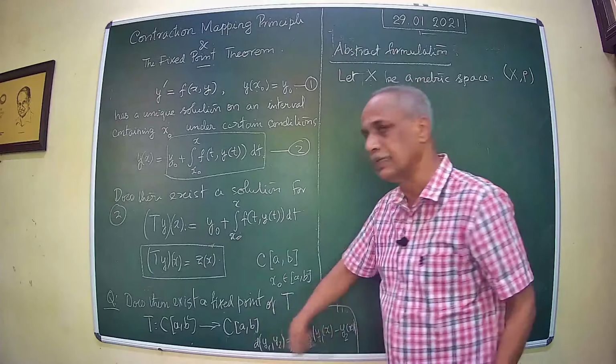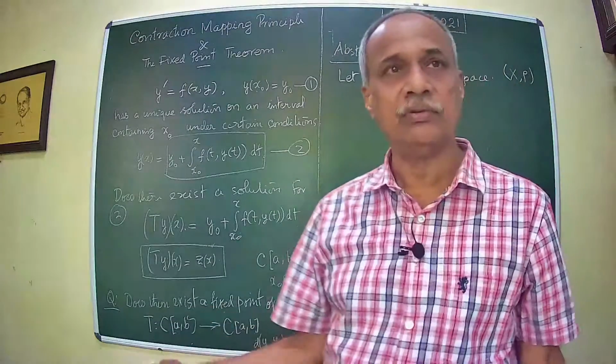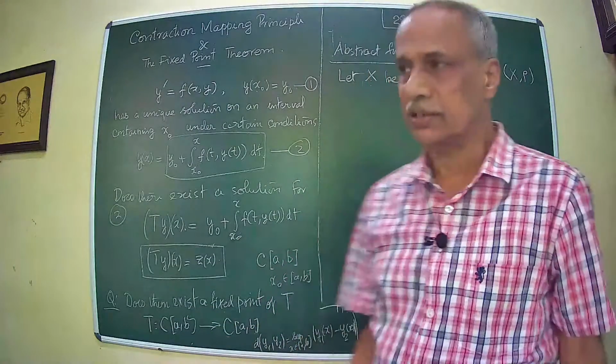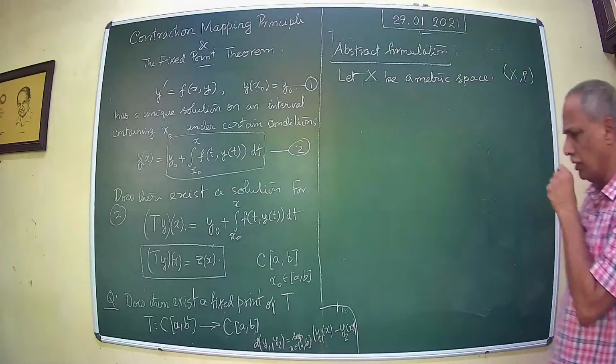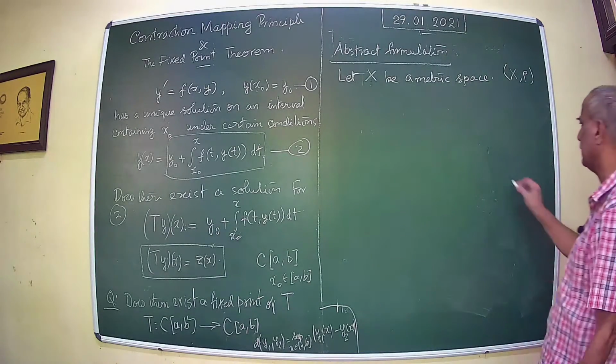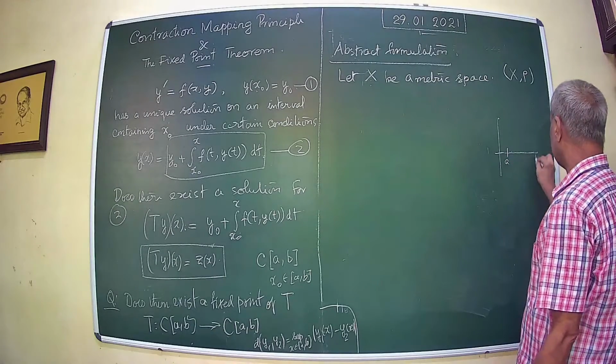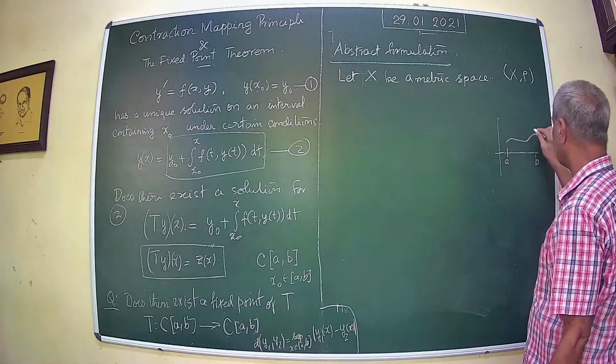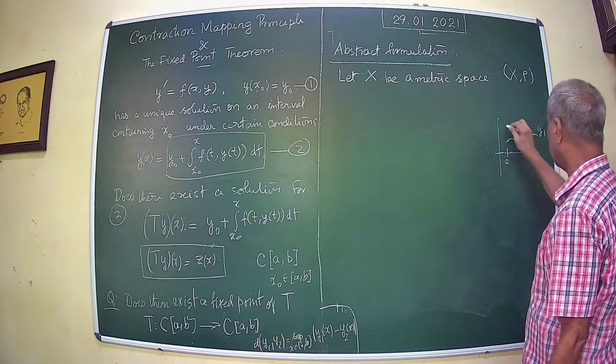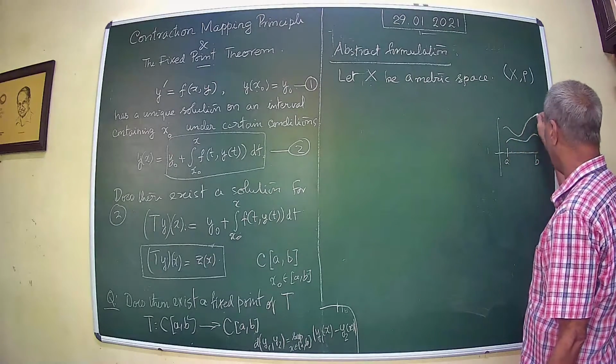You can show that this gives a metric, or a notion of distance between two functions. It is nothing but this. You have an interval [a, b]. If you have two functions, this is y1 and this is y2.